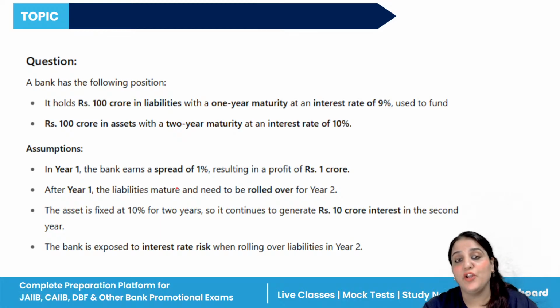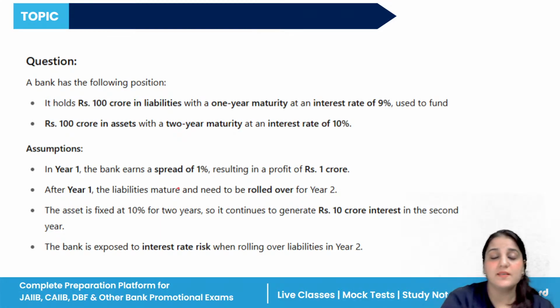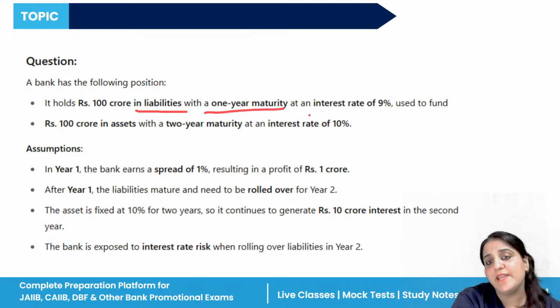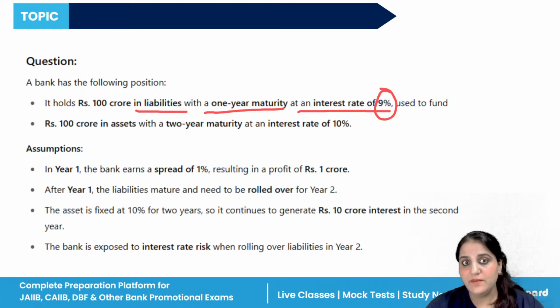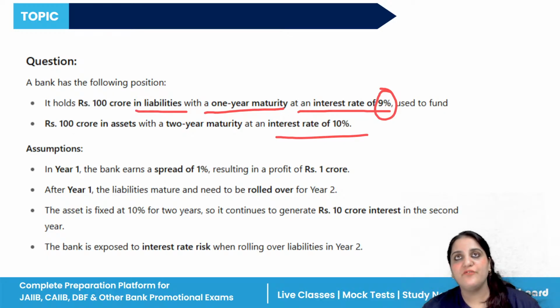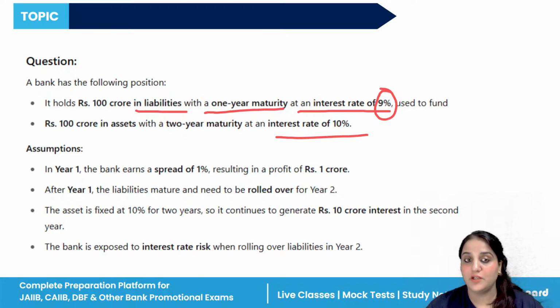So the bank has the following position. It holds 100 crore in liabilities with a 1-year maturity at an interest rate of 9%. Then 100 crore in assets with a 2-year maturity at an interest rate of 10%. So in 1 year, the bank earns a spread of 1%, which results in a profit of 1 crore.